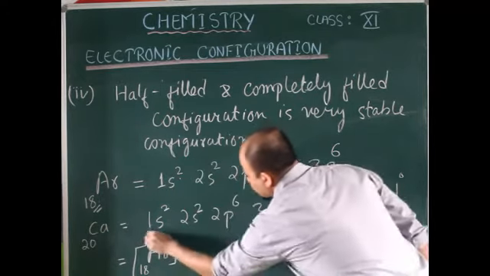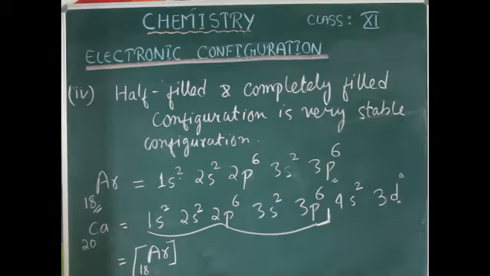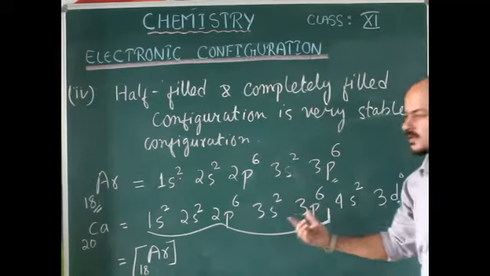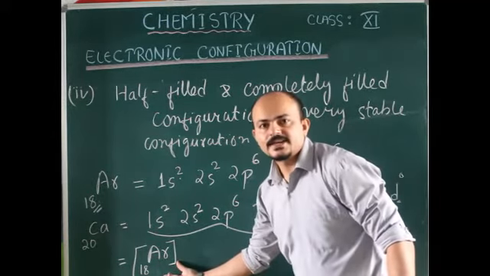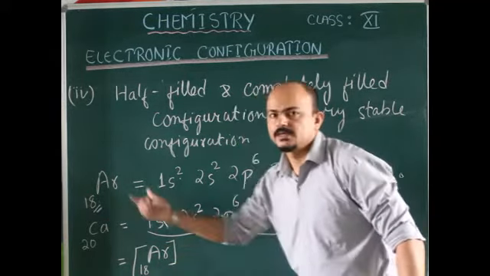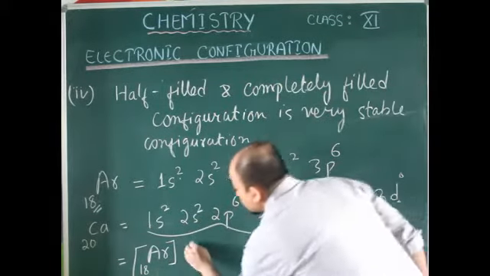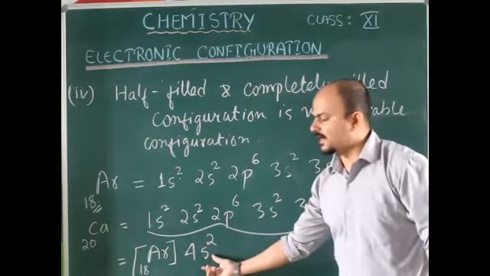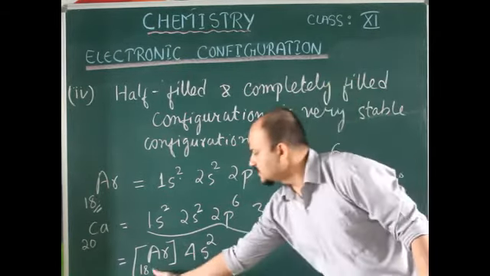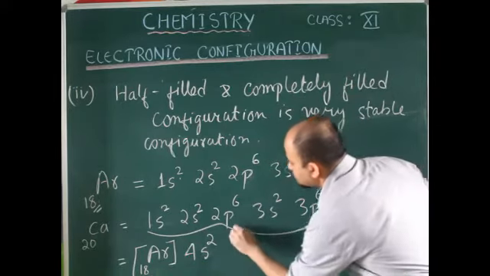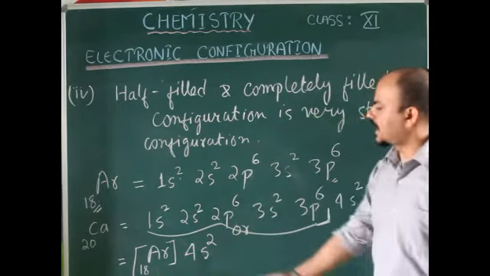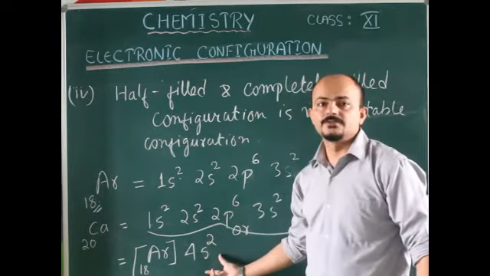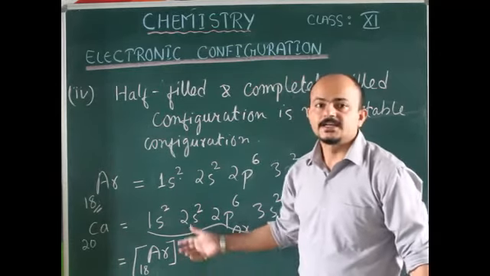That means I don't have to write this part, since it is the nearest noble gas configuration to calcium. After that, what is occupied? The 4s orbital or subshell is occupied, and it has 2 electrons. So 18 plus 2. You can write either this electronic configuration for calcium, or you can also write this one. Both are correct.